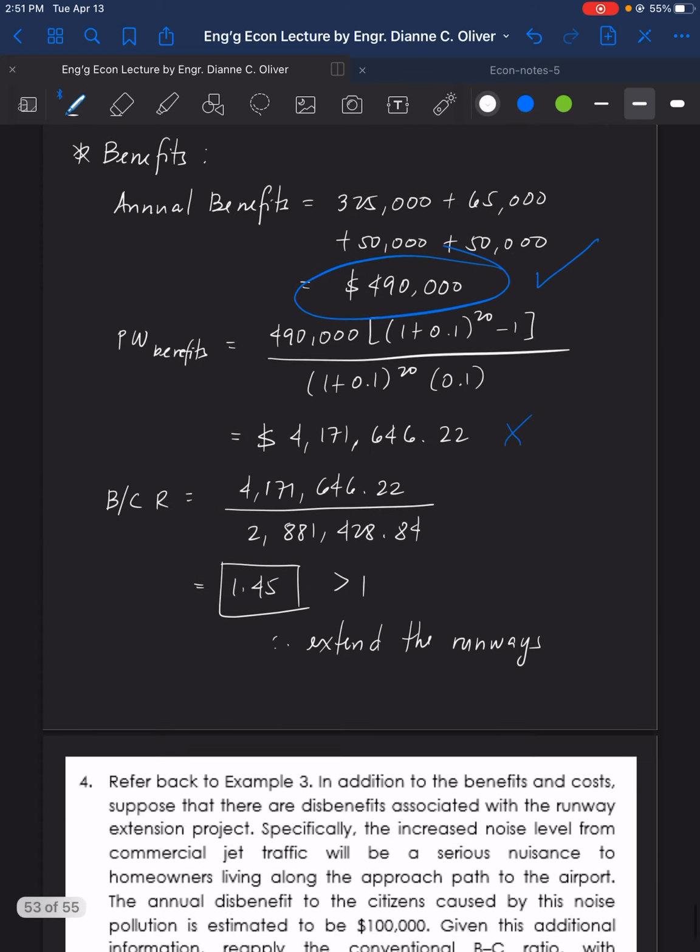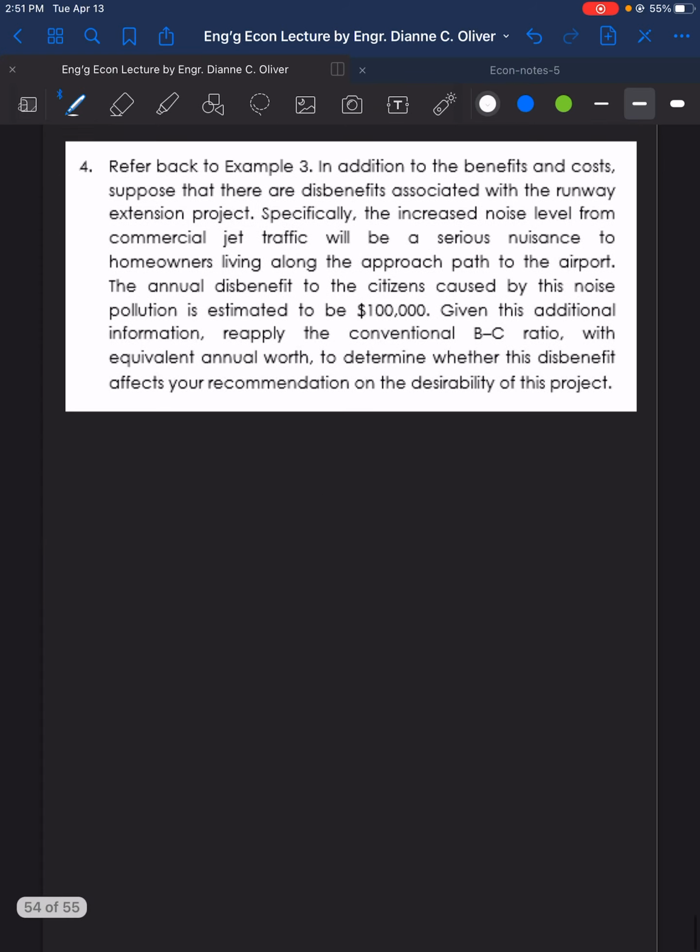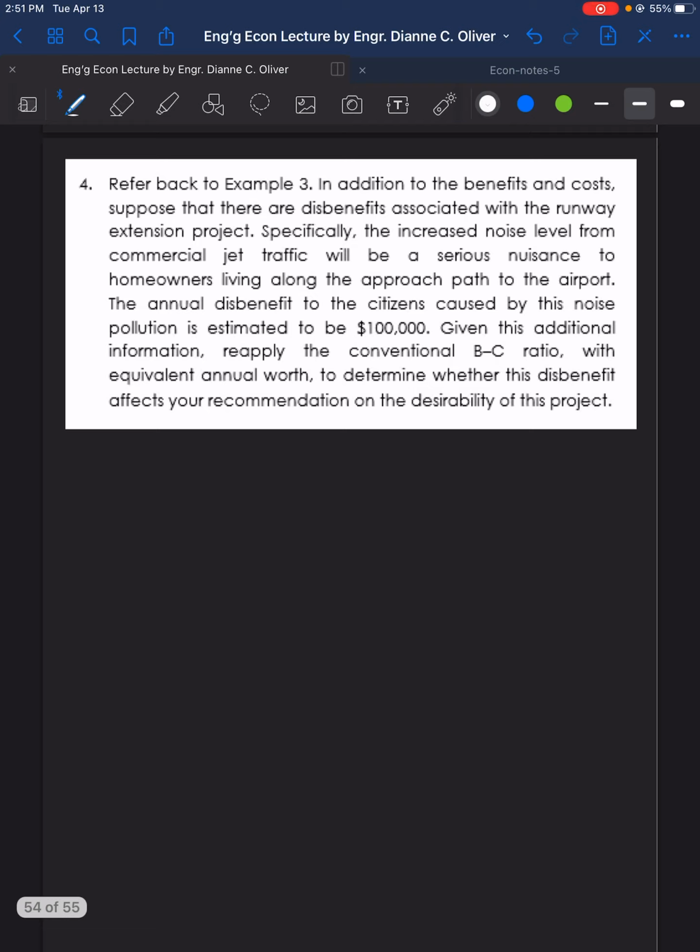Let's go to number 4 and rewrite the additional information. What is the 100,000 anyway? Is it annual worth or present worth? So $100,000 is annual disbenefit. That is $100,000.